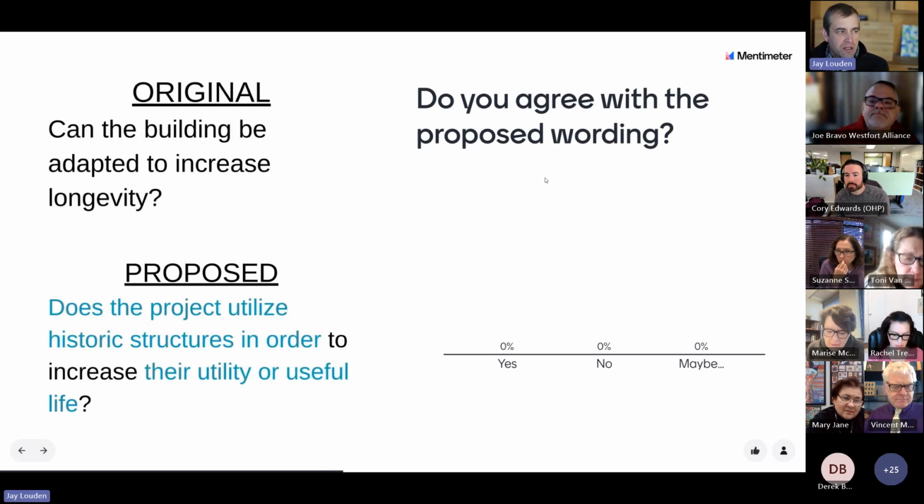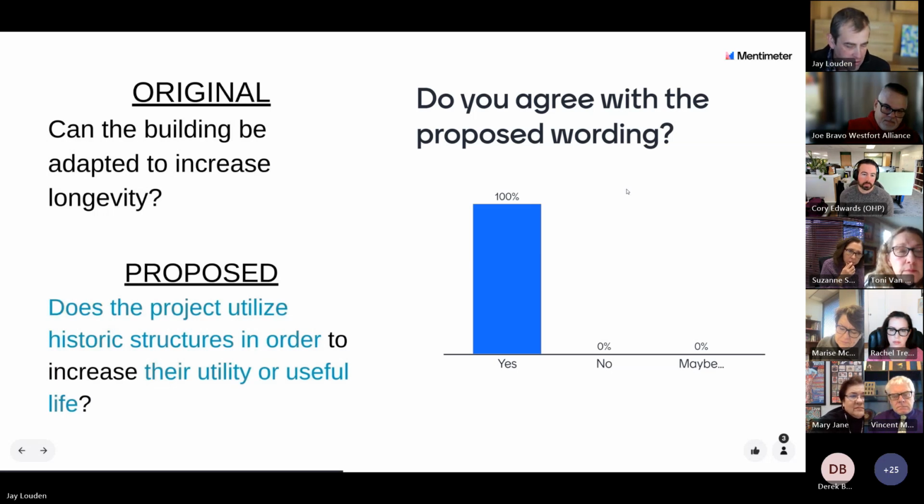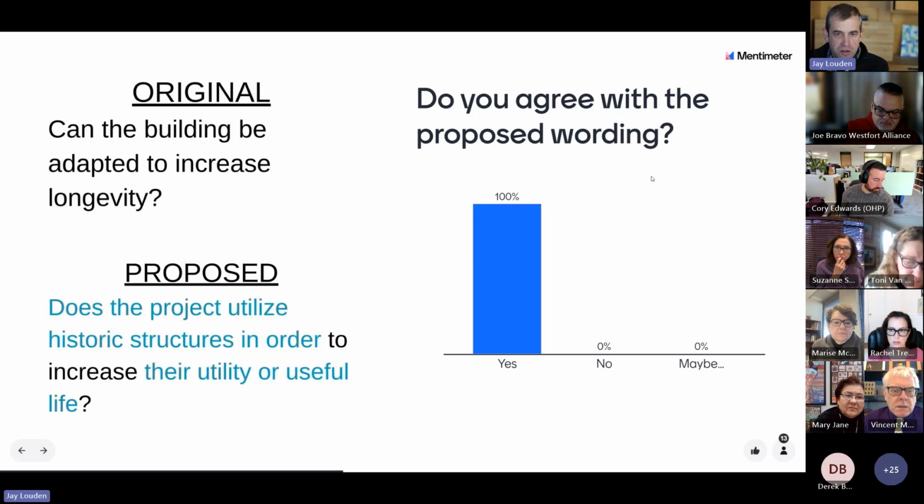The original: can the building be adapted to increase longevity? And this again is a refocus. Does the project utilize historic structures in order to increase their utility or useful life? Anything you want to say on this one while we wait on responses, Corey?